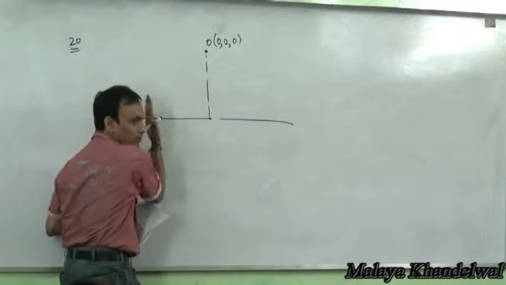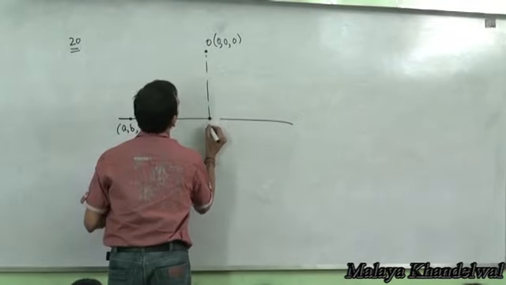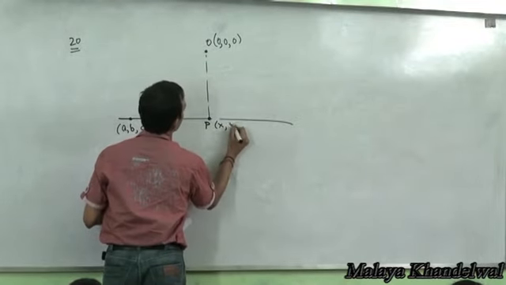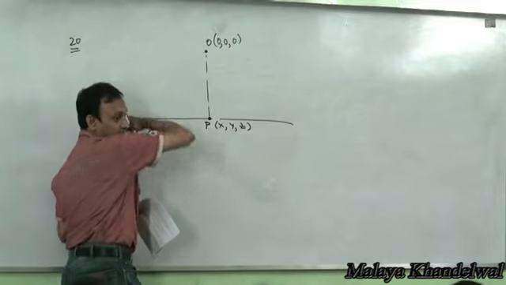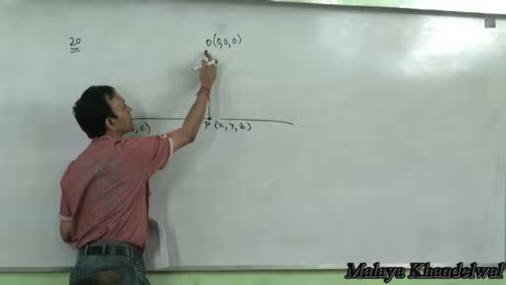I mean, it can rotate about A, B, C to produce very many planes. We need to find the locus of this point P, X, Y, Z.